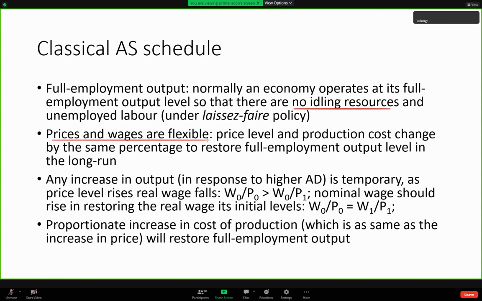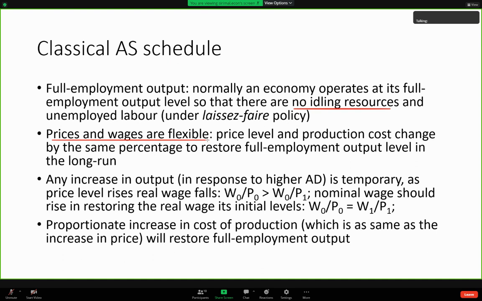But in the classical case, they are looking at when there is a change in the price level and cost of production, real wages will also be automatically adjusted to the original level.